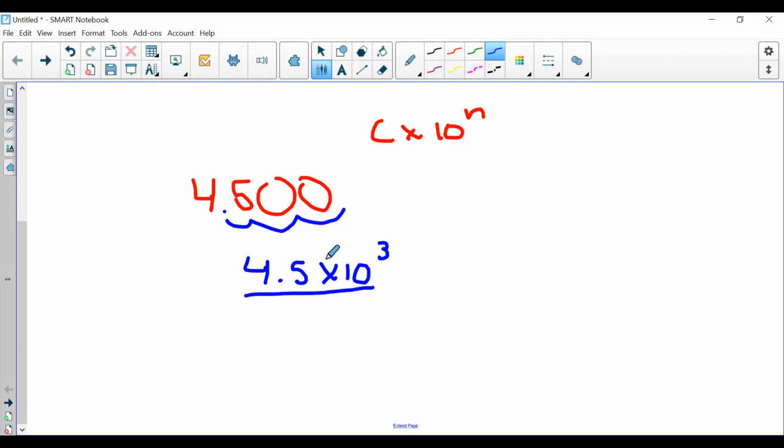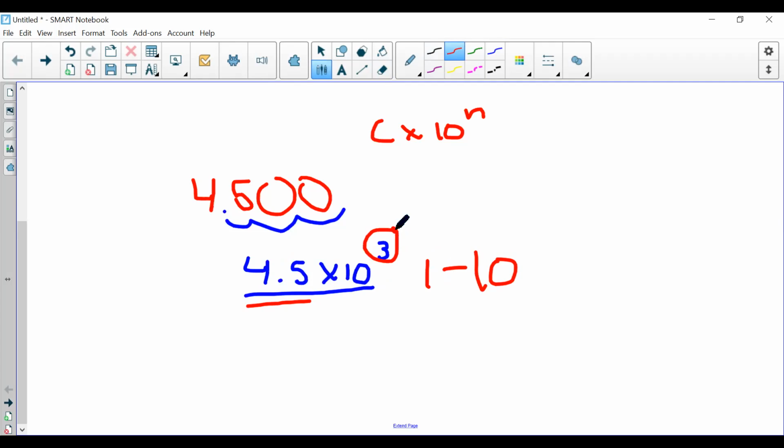The coefficient is right here. I'm going to underline it in red. That's your 4.5. The coefficient must be a number, again, between 1 and 10. It has to be a number between 1 and 10. The next blank says the power of 10, or exponent in this example, is 3.